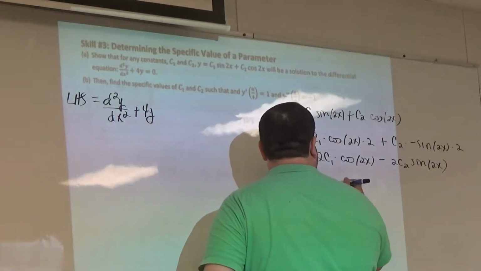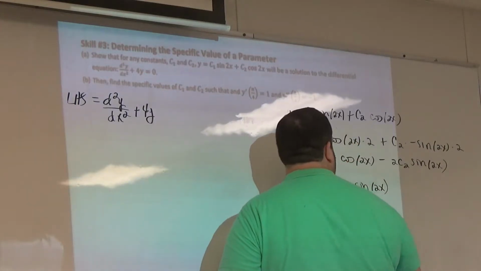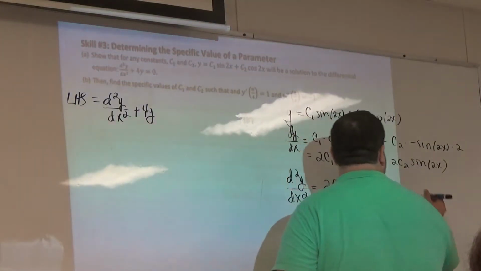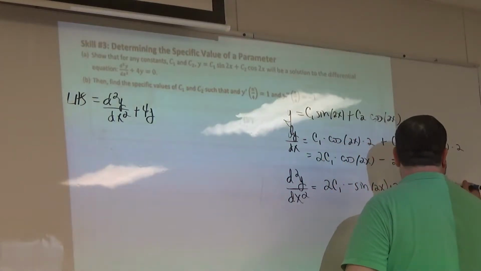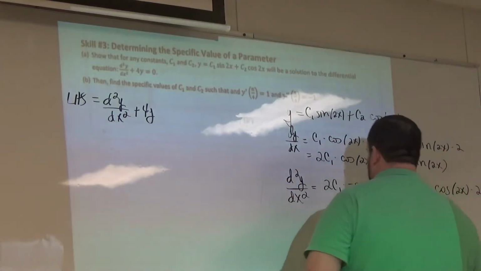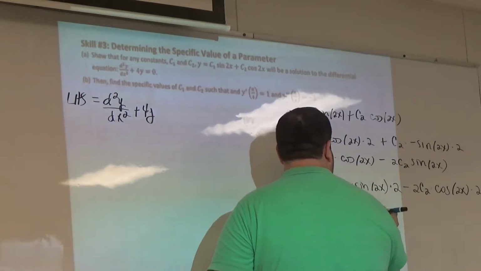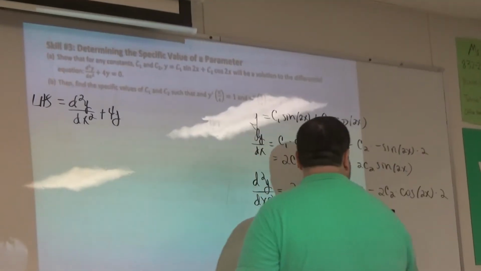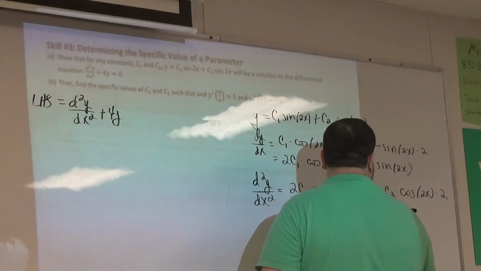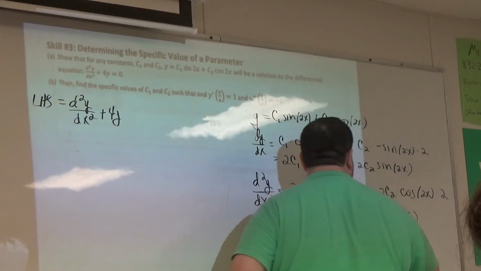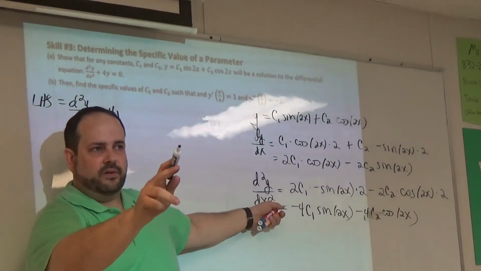So the derivative of cosine is negative sine of 2x times 2, minus 2c2, the derivative of sine is cosine 2x times 2. And if you want to clean that up, maybe make it negative 4c1 sine 2x minus 4c2 cosine 2x. How many of you guys honestly made it? That is your second derivative.